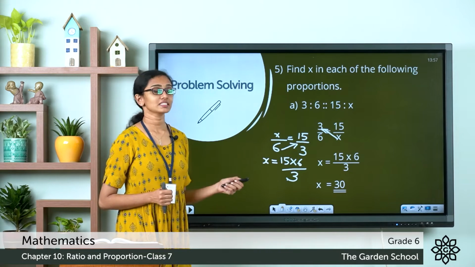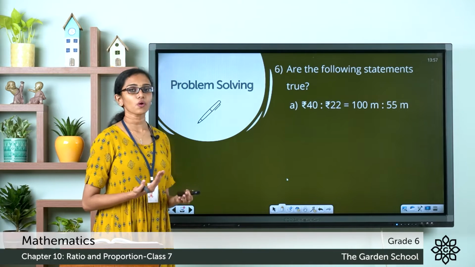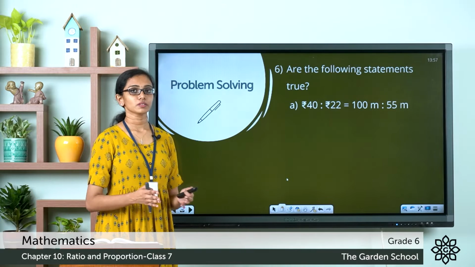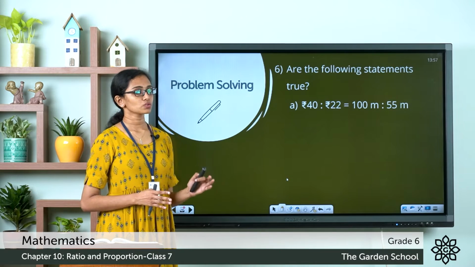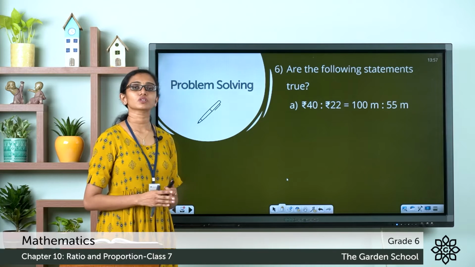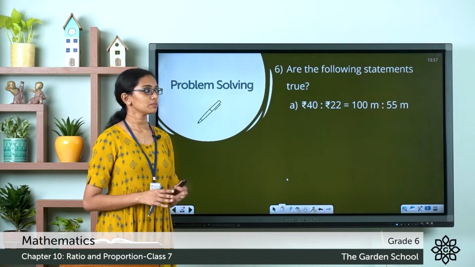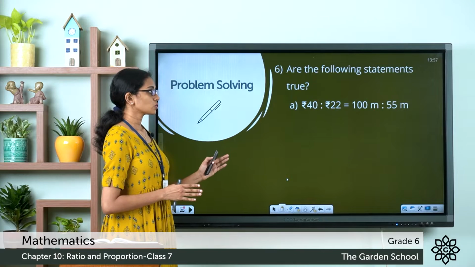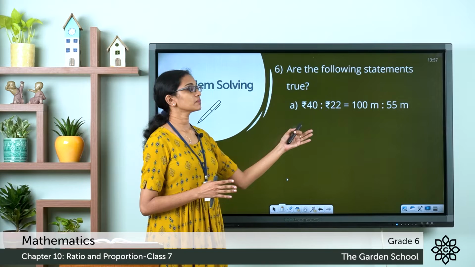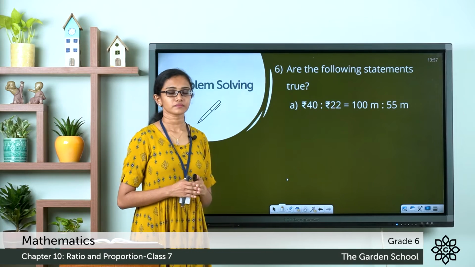Now let's discuss the sixth question. It says, are the following statements true? Here you are given a few statements of proportion. You have to go through each statement and find out whether it is true or false. As an example, let's see the first one. Rupees 40 is to rupees 22 equal to 100 meter is to 55 meter.